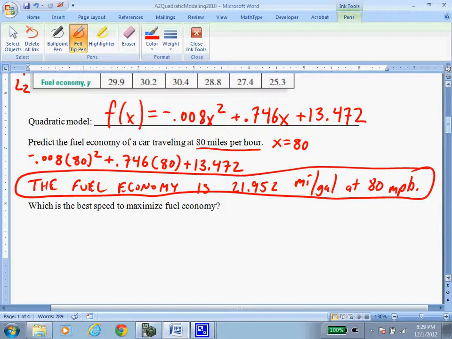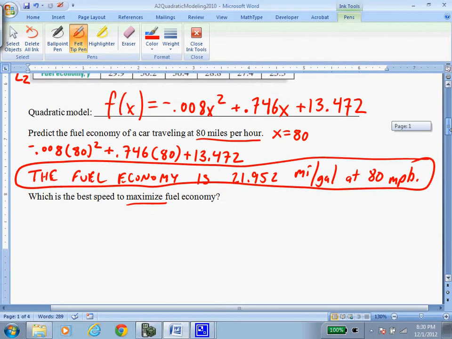Hopefully you remember from all of the discussions we've had about graphs that the maximum or minimum values of a quadratic function occur at the vertex. Therefore, anytime I see any kind of word that talks about maximizing, minimizing, biggest, smallest, any kind of thing that would imply that there's a maximum or minimum value, that's telling me that I need to find the vertex in order to answer the question.